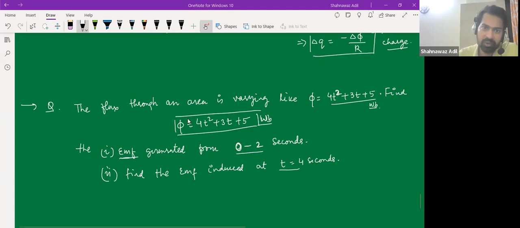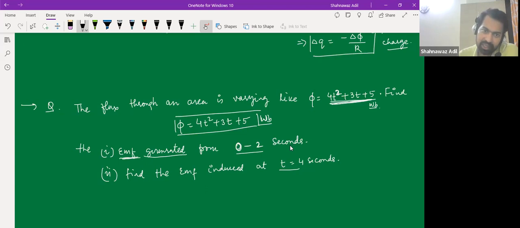Okay, so we have a coil in which the flux is varying like this, and we have to calculate the EMF induced from 0 to 2 seconds.